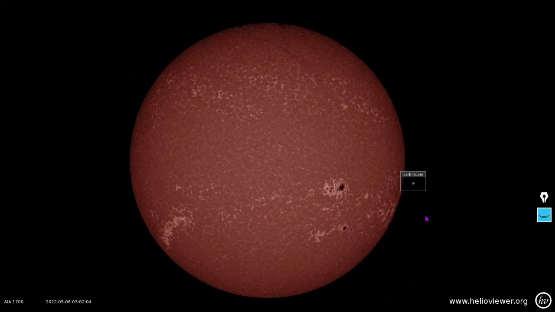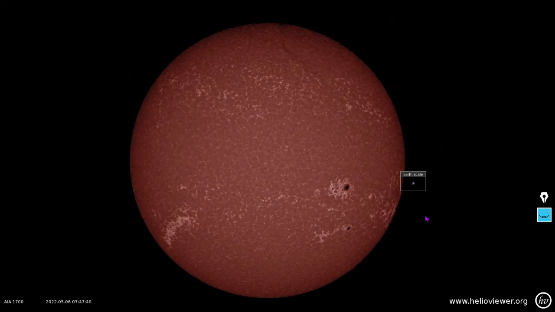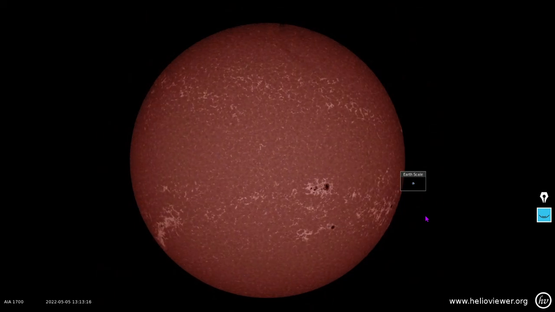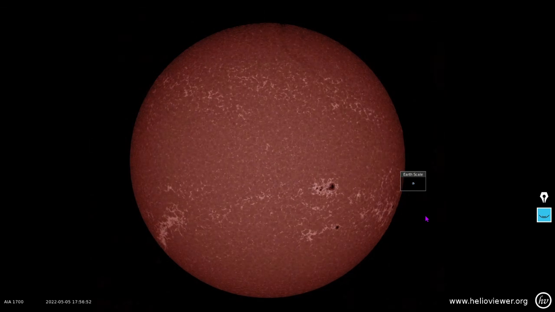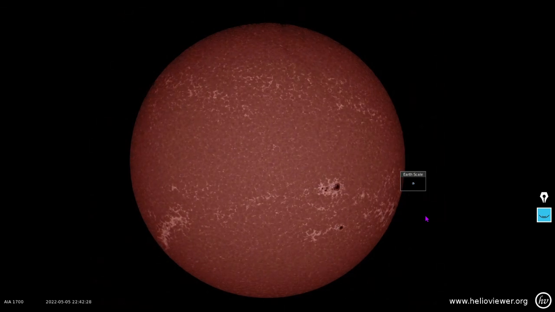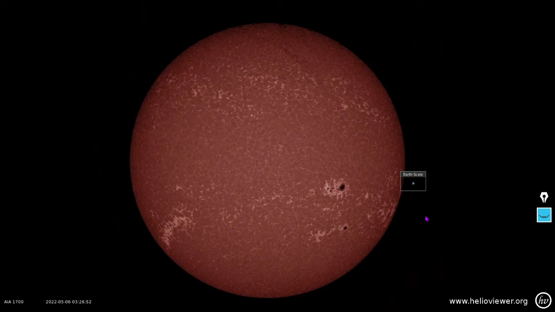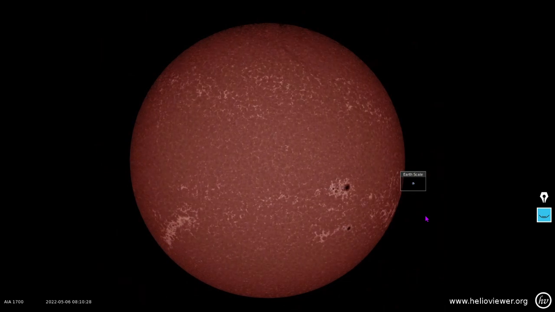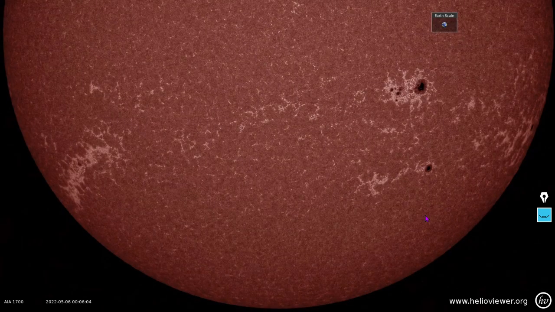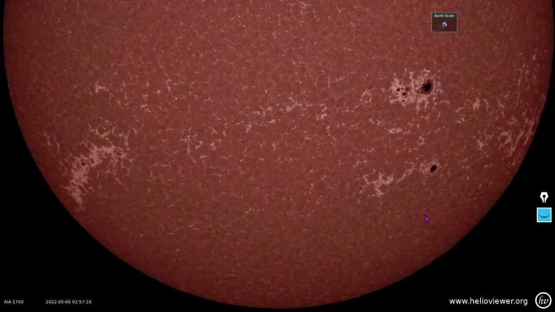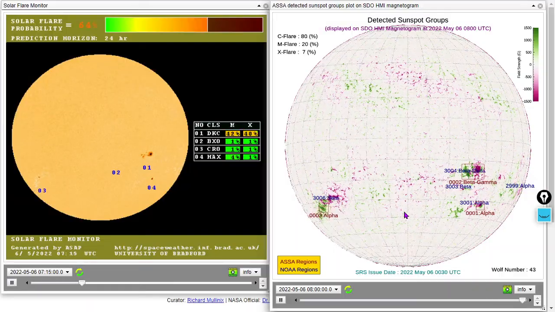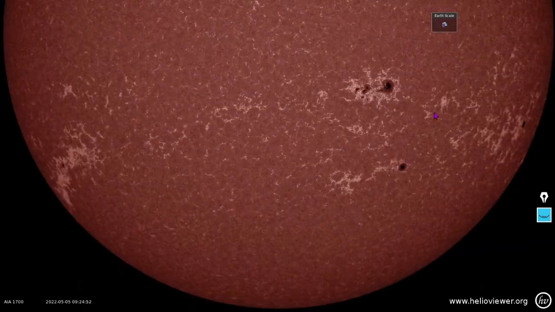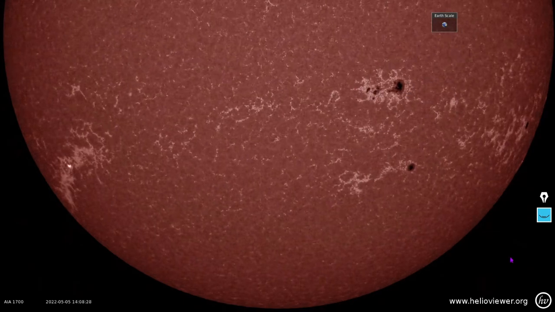So here's the closest star in 1700 angstroms. Spectacular imagery here of a bunch of sunspots in the southern hemisphere. How about a close-up? And that's 3004, right? Okay, sunspot 3004. It's grown a little bit there.